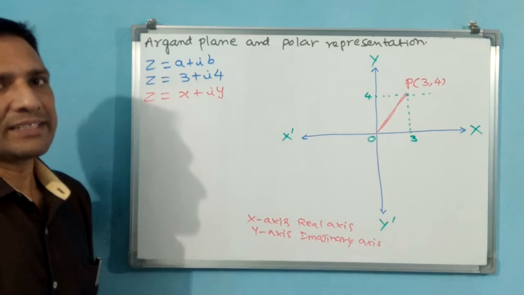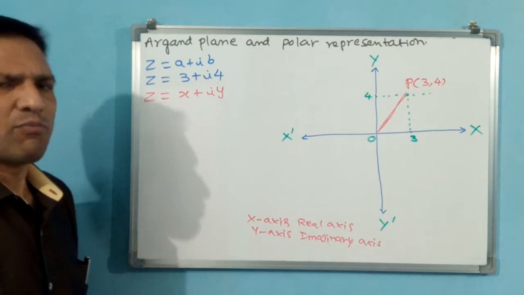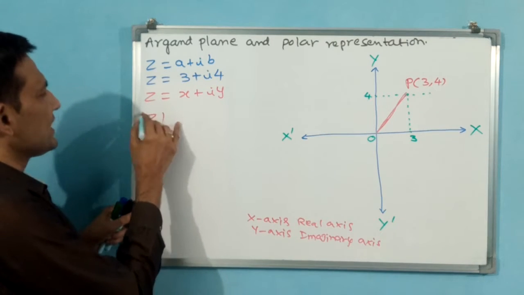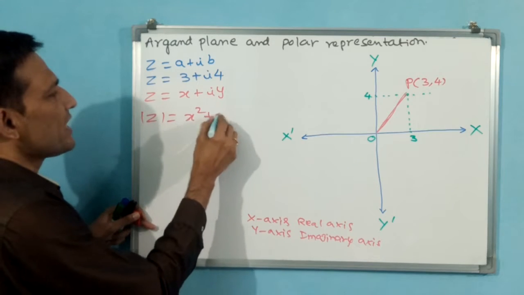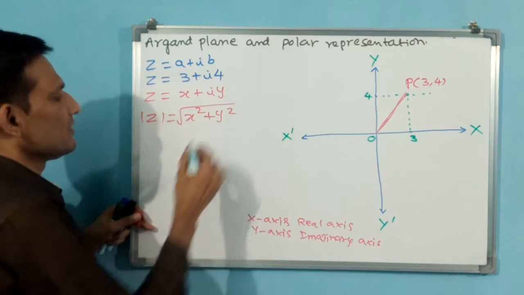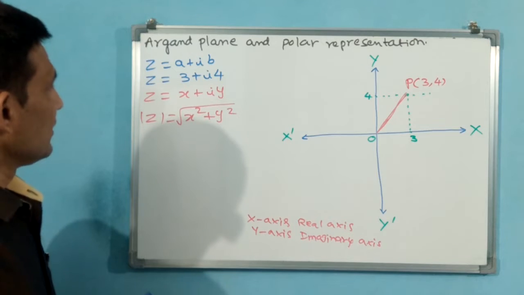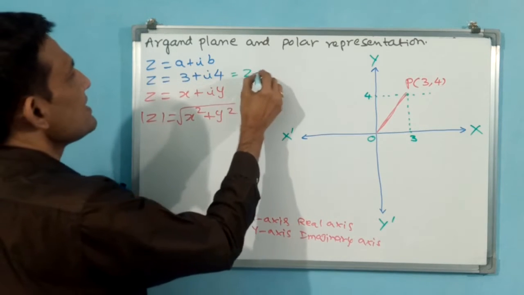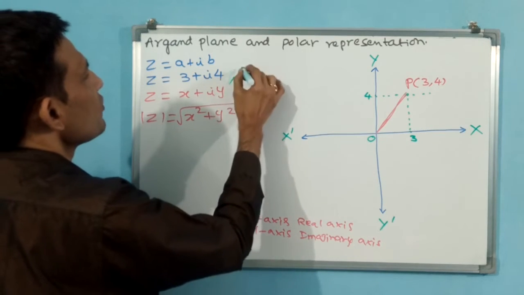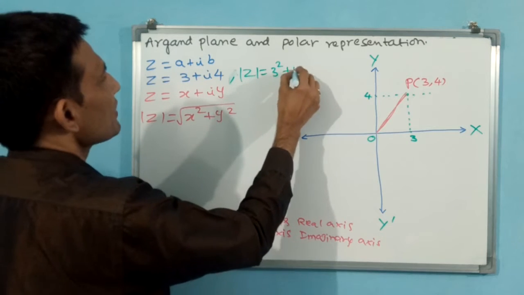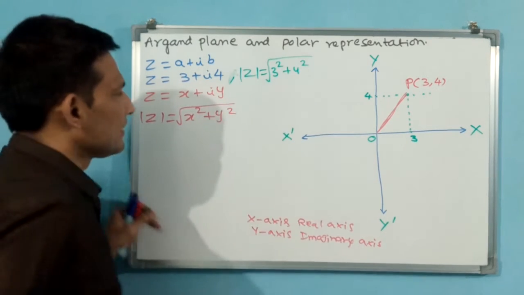What will be this distance? Modulus only. Modulus z is equal to the square root of x square plus y square. Here, modulus z is equal to the square root of 3 square plus 4 square. That's all.